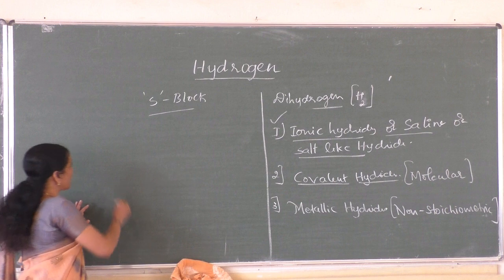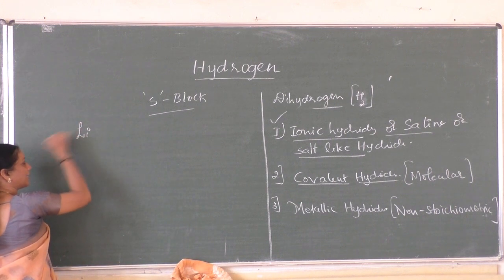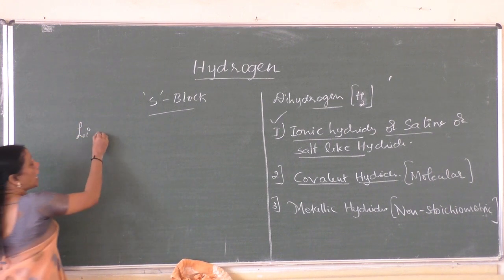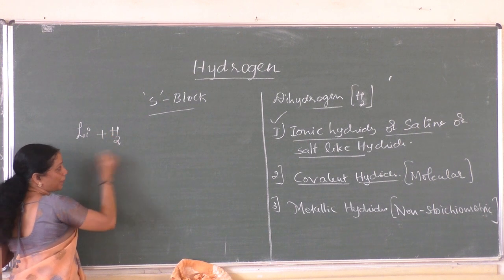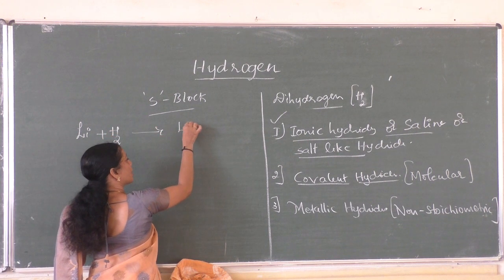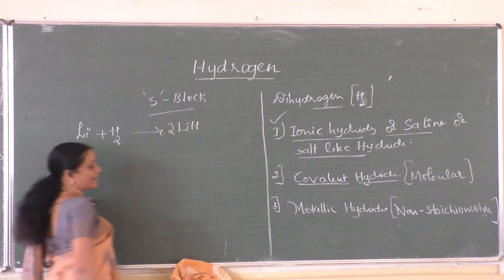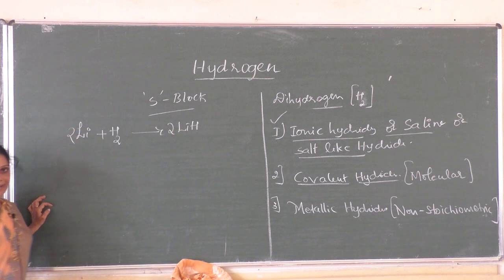Ionic hydride. For example, if I consider the simplest alkali metal, lithium, it undergoes reaction with hydrogen under particular conditions, resulting in the formation of lithium hydride.